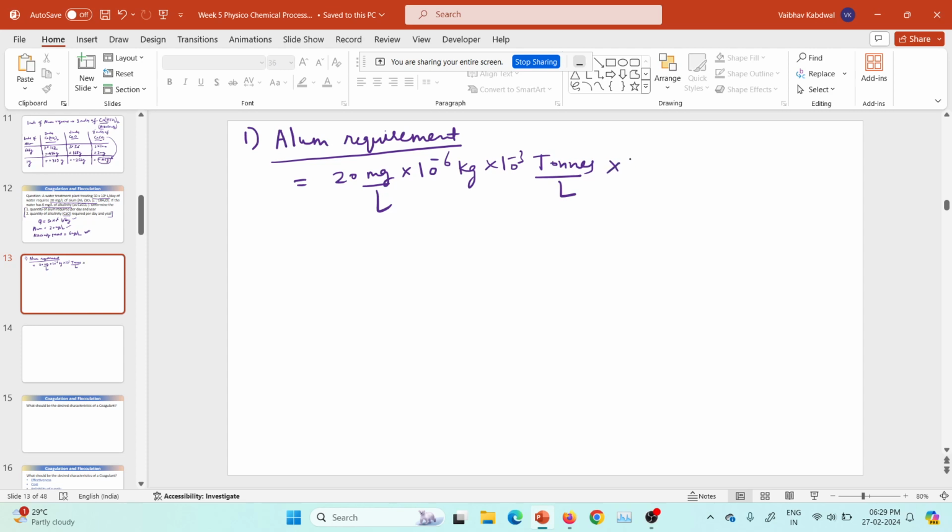And then we have a flow rate of 50 into 10 to the power 6 liter per day. So we can cancel these, and the requirement will be 20 into 10 to the power minus 3 into 50.